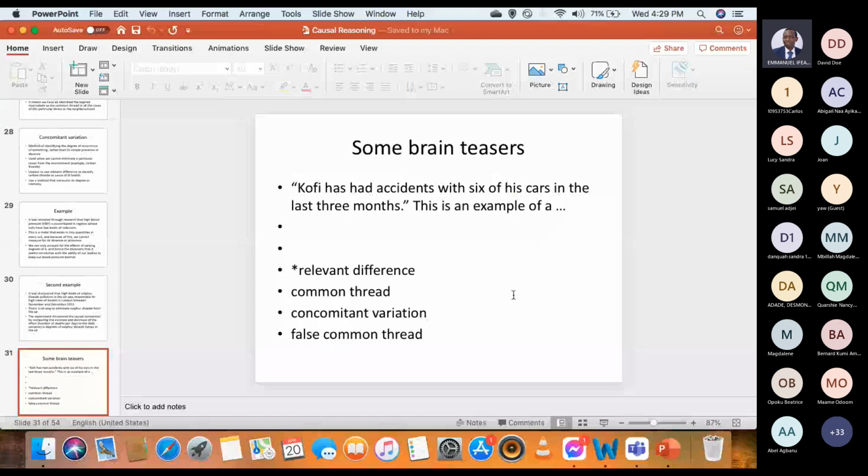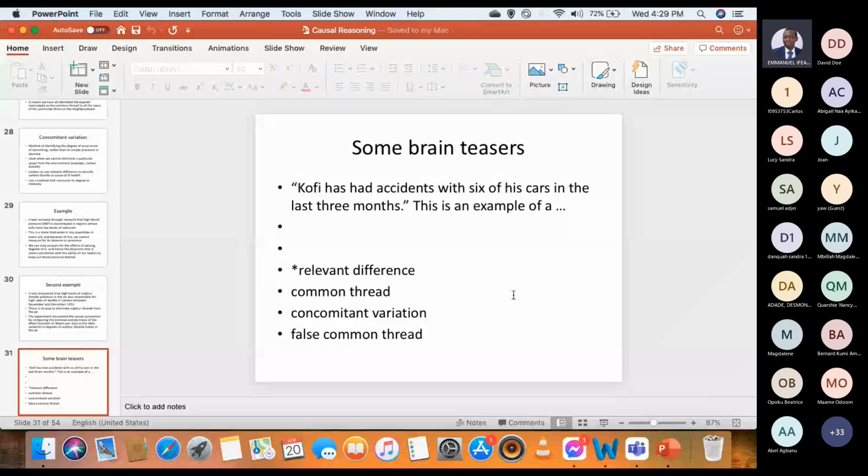So, a little exercise. Kofi has had accidents with 6 of his cars in the last 3 months. A single person has had accidents with 6 cars. Is an example of what? Relevant difference, common thread, concomitant variation, false common thread.